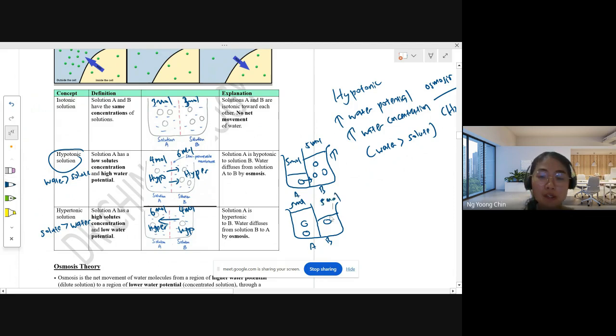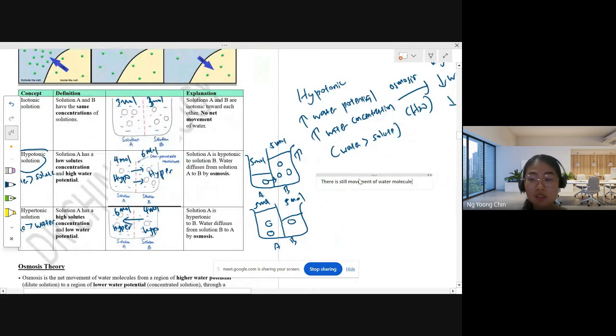Okay, so when you reach about the same molarity for both regions, is there any movement of water? You cannot write that there is no movement of water when both solutions reach the equilibrium. There is still movement of water molecules after both solutions reach the same molarity, which is the equilibrium.